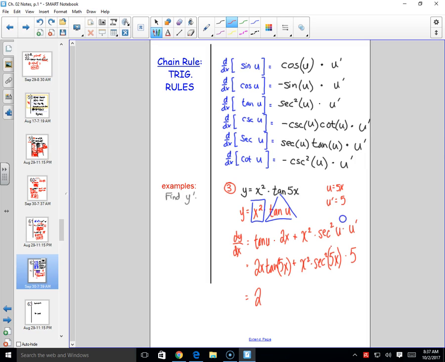So I can say 2x tangent of 5x plus 5x squared secant squared of 5x. You guys realize if the parentheses aren't there, the trig is just of what immediately follows. Not the 5, but the 5 times x. So if you need the parentheses, you can put them in, but realize they don't have to be there. Is that okay?